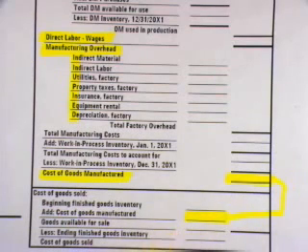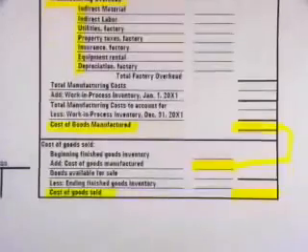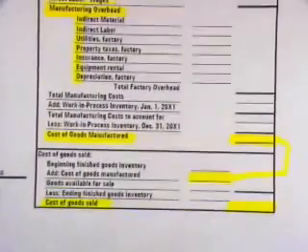If we have all that with the cost of goods manufactured, we'll be able to determine the cost of goods sold, and that'll tell us what number needs to go on the income statement, subtracted out of sales.